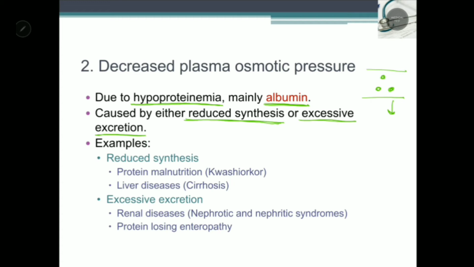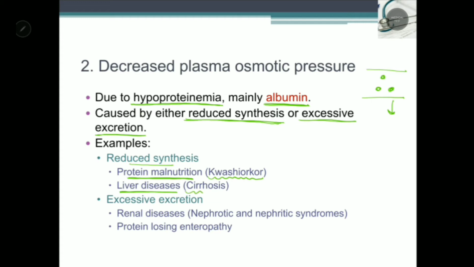So examples of reduced synthesis would be protein malnutrition, when the body is not getting enough protein intake, as is seen in patients of kwashiorkor. And also in liver diseases, because see, the liver is the place where most of the plasma proteins are synthesized.